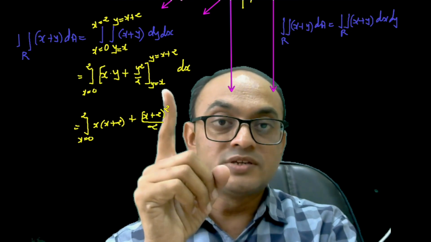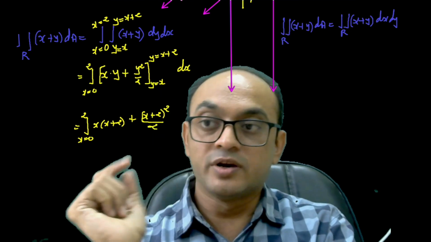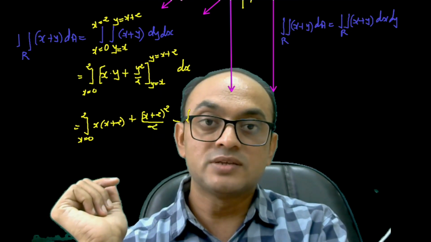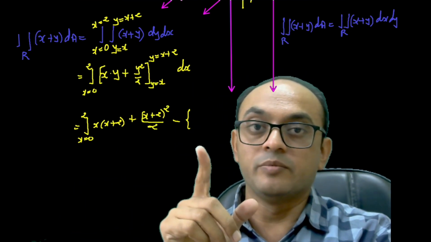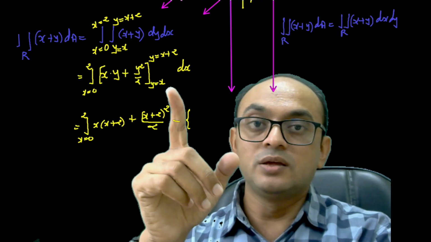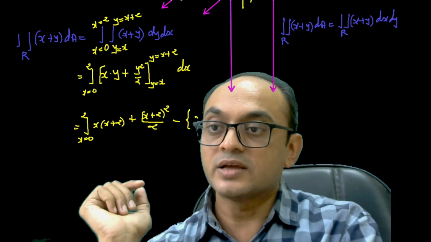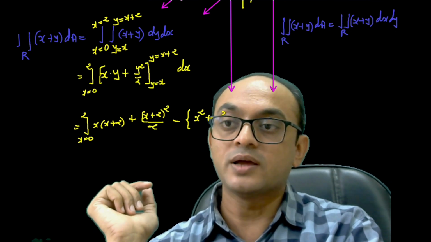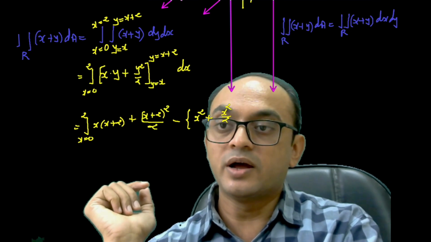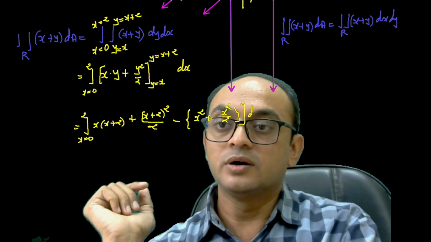Don't make a mistake when you are substituting the lower limit. So this is the minus sign for the lower limit, and now I am writing everything for the lower limit. In the lower limit, what is y? y is equal to x. So I write x into x is x square, plus y is equal to x, so x square divided by 2 and whole dx.